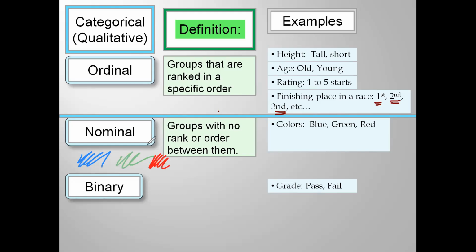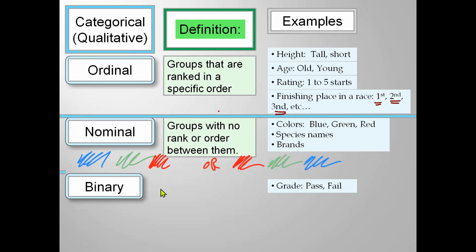Or if we decided to rearrange them as red, green, or blue, this doesn't really have very much meaning when we're regrouping these things. So this is one reason we have nominal groupings, where rankings don't actually have very much meaning to them. Other examples include species names and brands.